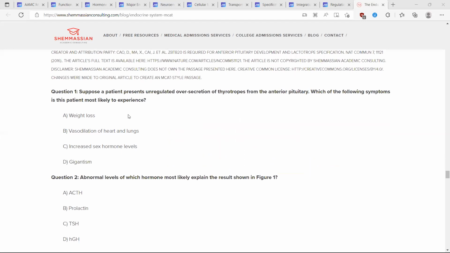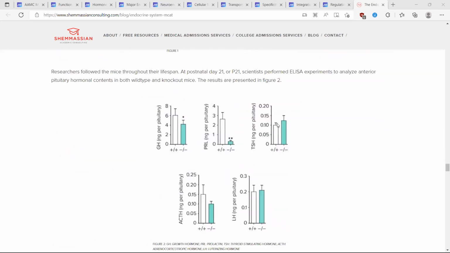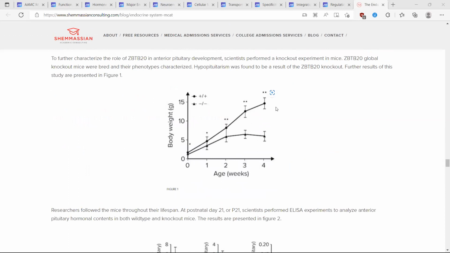Question 2. Abnormal levels of which hormone most likely explain the results shown in figure 1? So if you look at figure 1, we see that the body weight has decreased a lot in the mice that were knocked out. Let me just explain this part of the graph in case you haven't seen it. The plus plus and minus minus refer to the alleles.